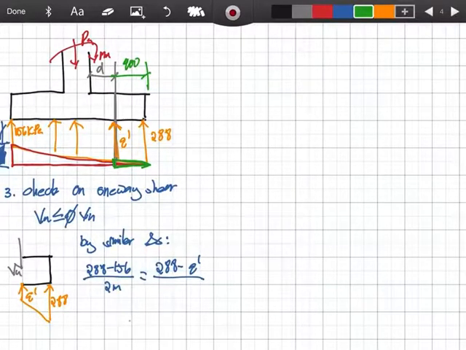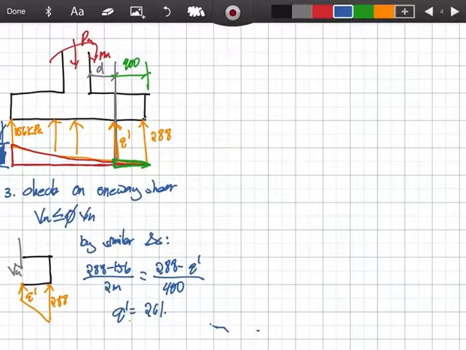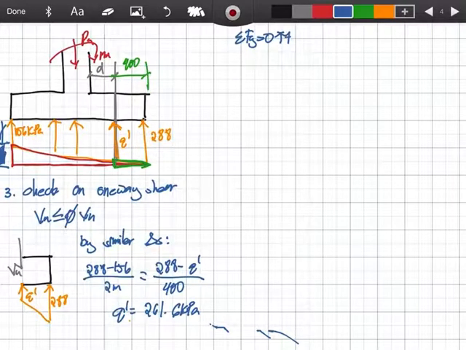So, lalagay natin dito ay 400. So, ang Q prime natin ay ano? Substitute, shift solve, 261.6 kilo Pascal. Okay, so, para makuha ang ating Vu class, summation of forces going up. So, consider natin itong figure na to.